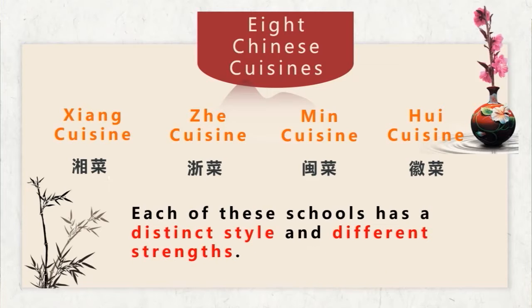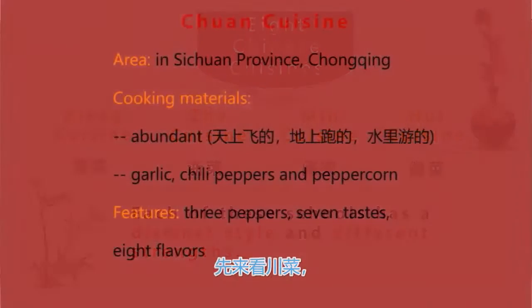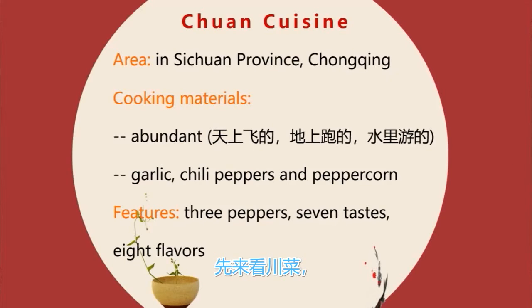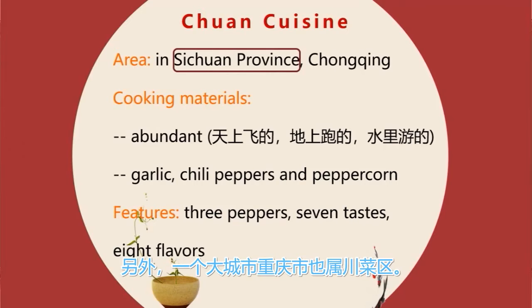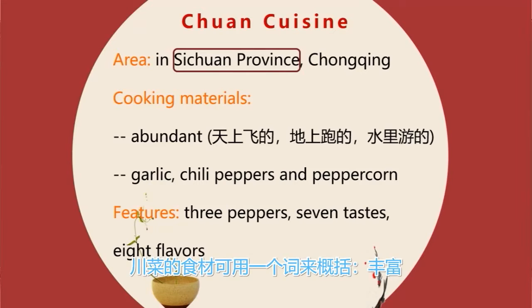And let's go on. First, let's look at Chuan cuisine. First, look at the area. The Chuan cuisine is mainly in Sichuan province, and there is another big city of Chuan cuisine, that is Chongqing city. And let's look at the cooking materials. The cooking materials of Chuan cuisine can be concluded in one word, that is abundant.